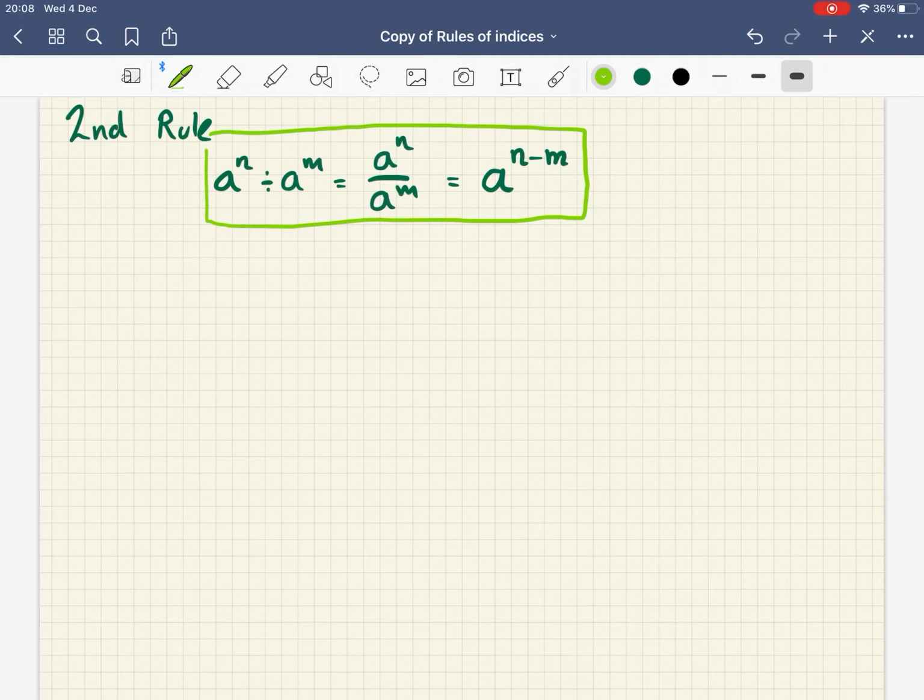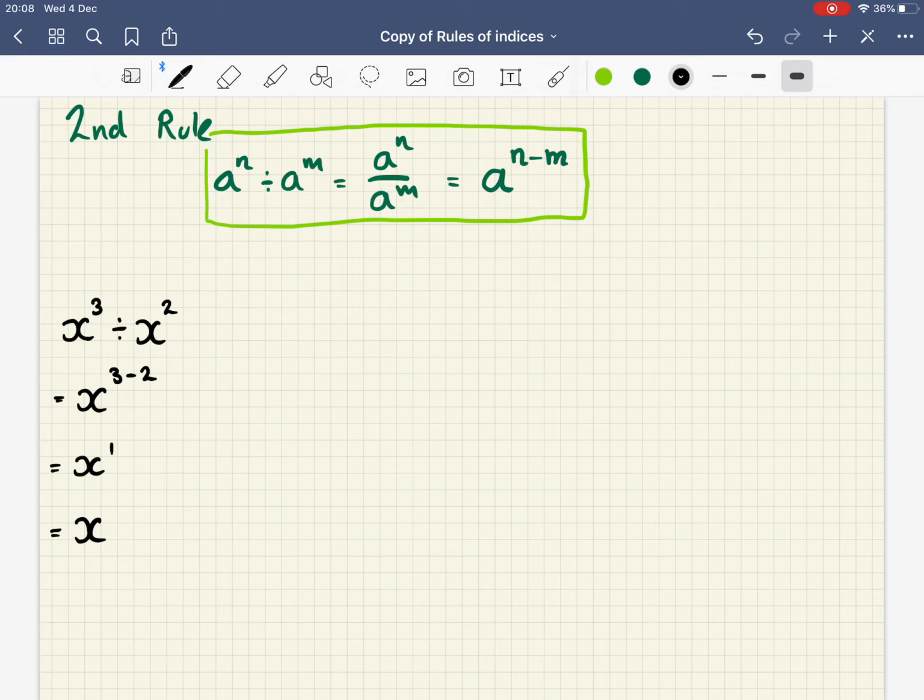So as a couple examples, if I have x to the power of 3 divided by x to the power of, let's do 2, that is going to be x to the power of 3 take away 2, which is x to the power of 1. Or something to the power of 1, it's just going to be the same thing.